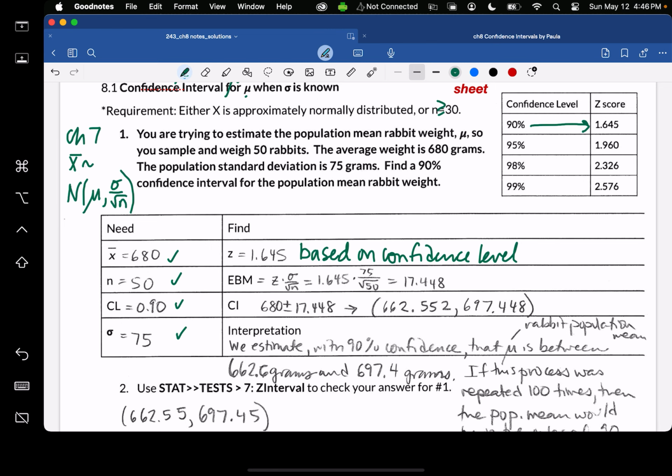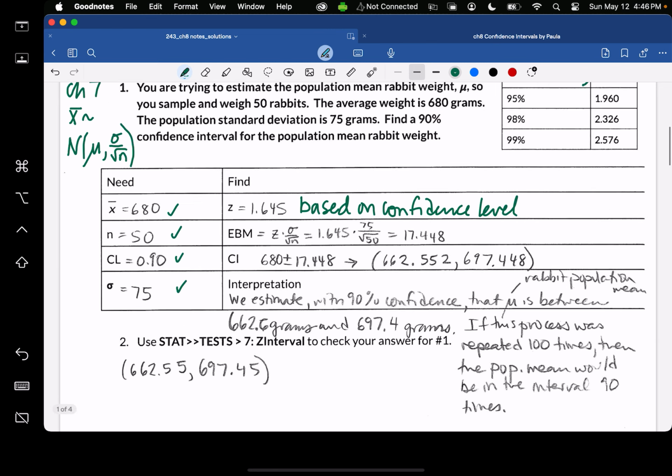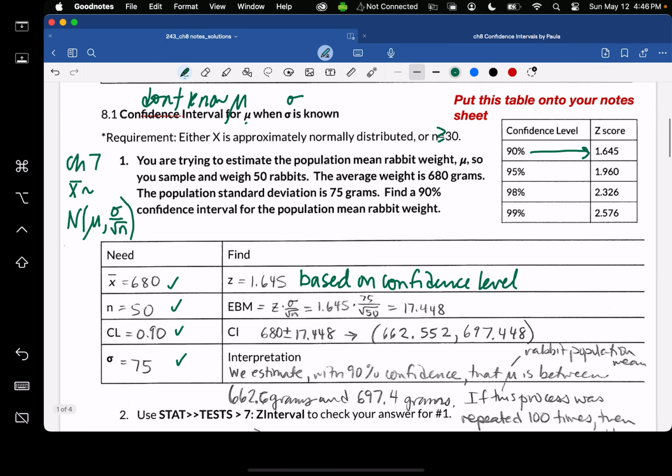And I recommend that you copy this table onto your notes sheet. I will explain to you in the slides coming up how I got those values. It's kind of convoluted. It is understandable, but it's like a 3-step process to go from the confidence level to the z-score. So in the interest of time, you might want to just reference this and copy it down.